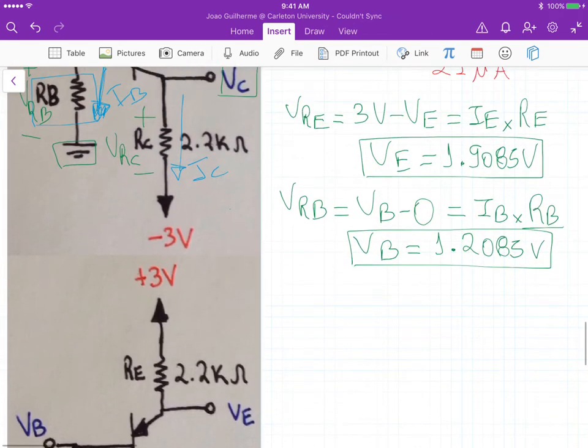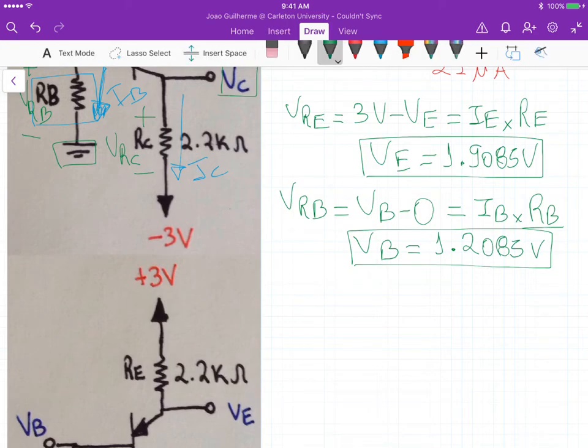So for VC, we know that VRC right here is equal to VC minus those minus 3 volts. That's equal to RC times IC.